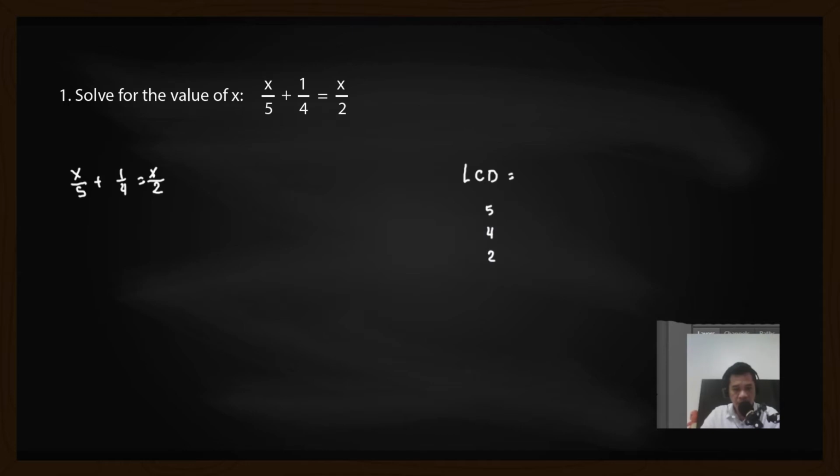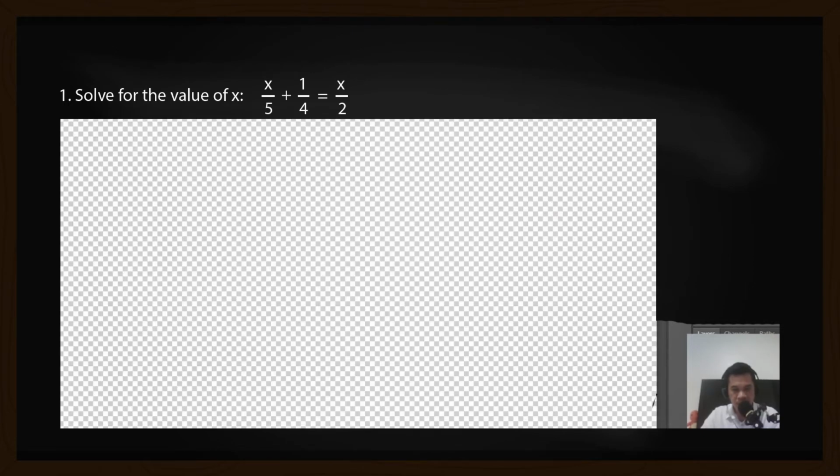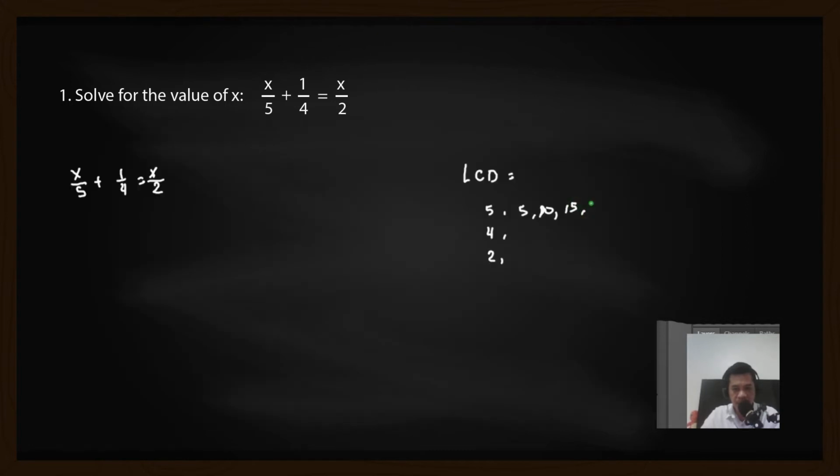So we're going to find the least common multiple of the following denominators. So we multiply 5 by 1, then 5 times 2 we have 10, and then 5 times 3 we have 15, and then 5 times 4 we have 20. Same also, the same process. 4 times 1 we have 4, 4 times 2 we have 8, and then 4 times 3 we have 12, 4 times 4 we have 16, and 4 times 5 we have 20.